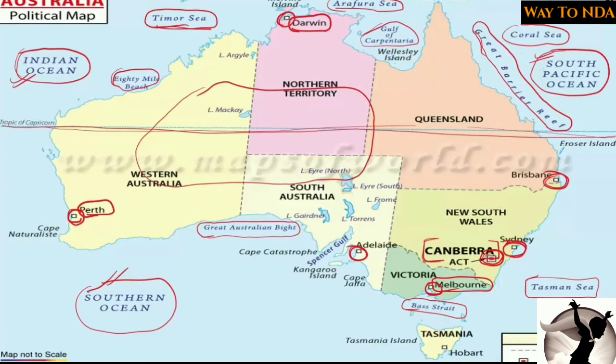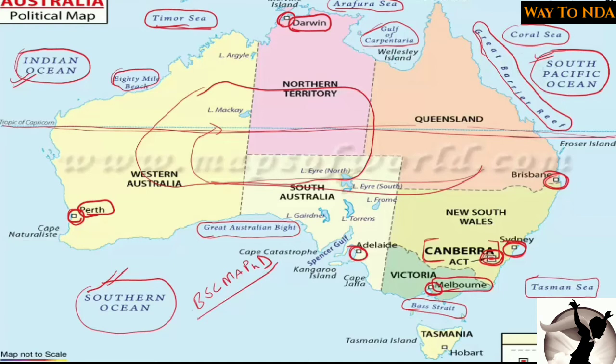Now if you have to remember all these cities from east to west, or in clockwise direction, you can remember by getting a short form. The short form is B, S, C, M, A, and P, H, and D. This is a small short form to remember all the cities.